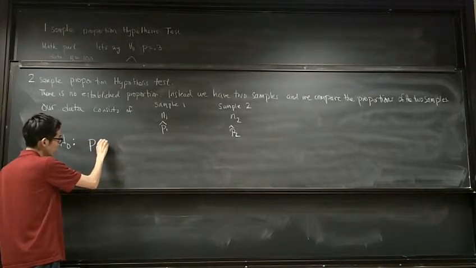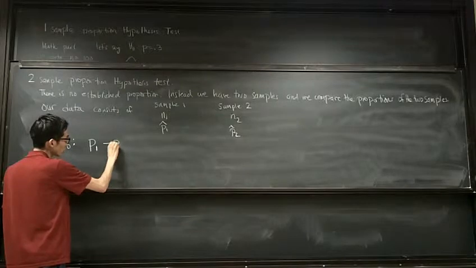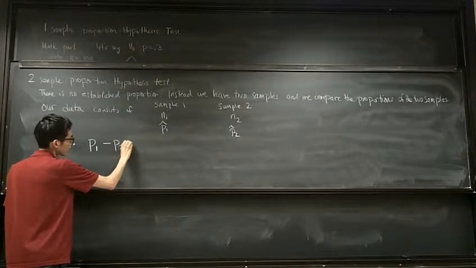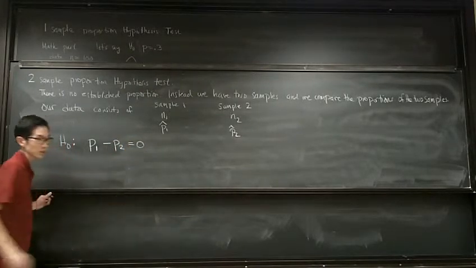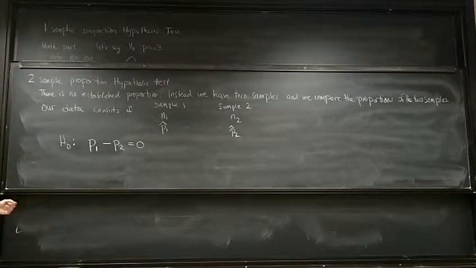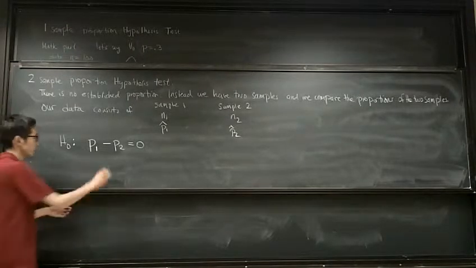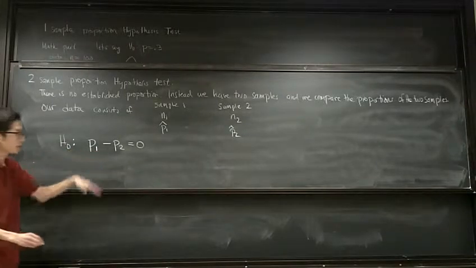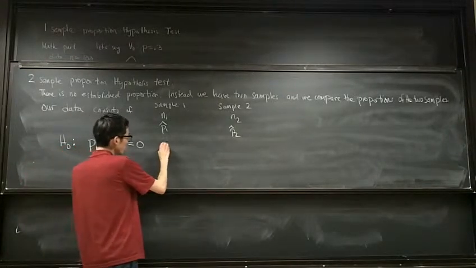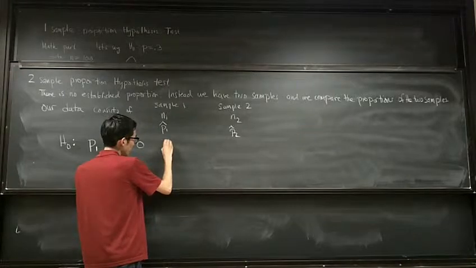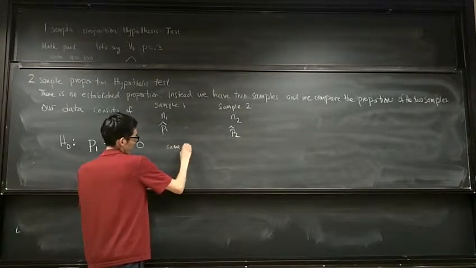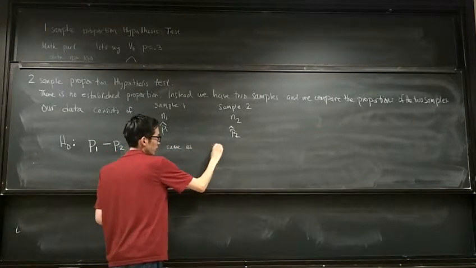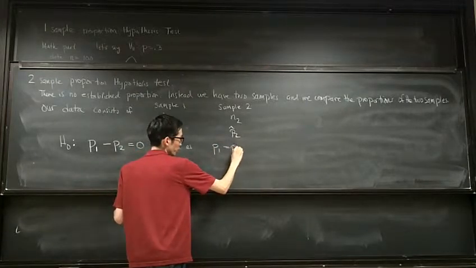P1 minus P2, the difference between them, is 0. There's never hats in the hypotheses. Or equivalently, this is the same as writing P1 is equal to P2.